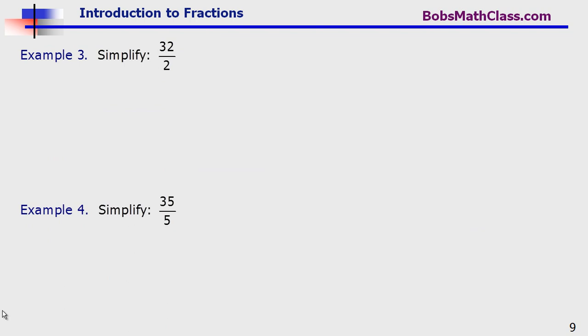Here's 2 more. Let's go ahead and perform the division. 2 into 32, 2 goes into 3 one time. Bring down the next number. 2 goes into 12 6 times.